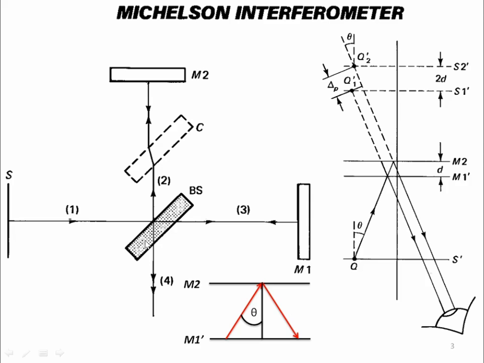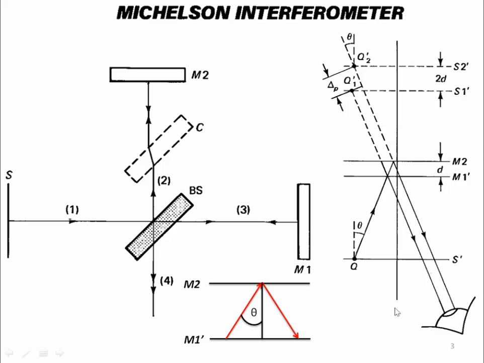The next thing is the observation point. If we are observing the interference pattern here, then again the angle is of course theta. You can see this angle is theta, then this angle is also theta from the laws of reflection, correct? Now if I am observing the interference pattern close to this optical axis, theta has to be very, very small.